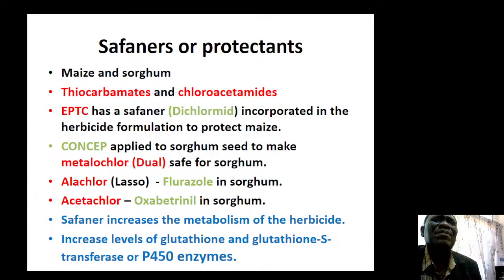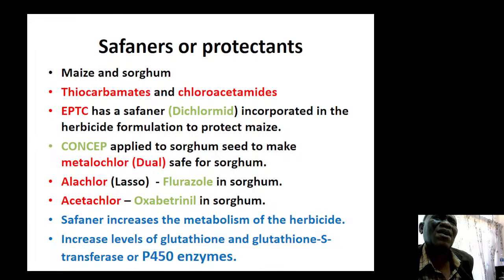That is the concept. This one is important because you may want to put a grass killer in sorghum. Make sure you have got Dual with Concept, because there's another Dual without Concept. It can kill your sorghum. Alachlor, you have flurazole, which protects sorghum.